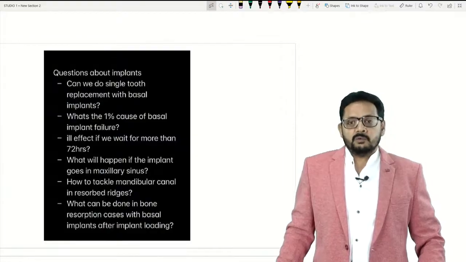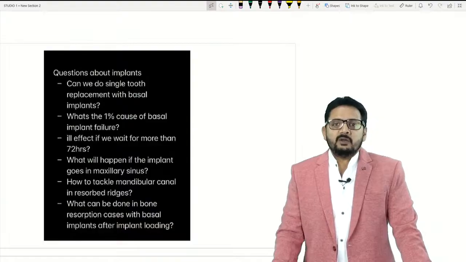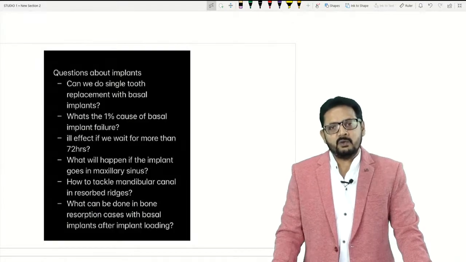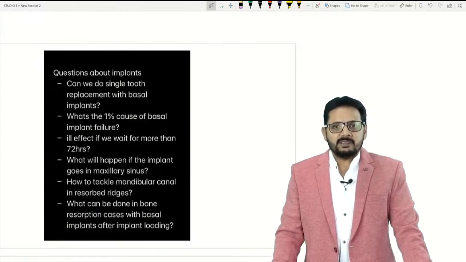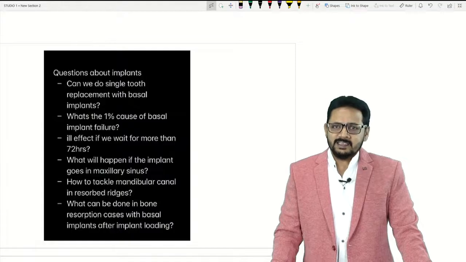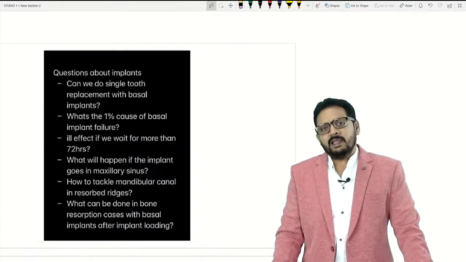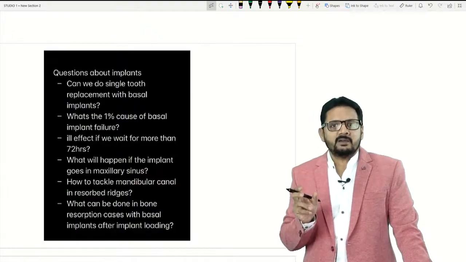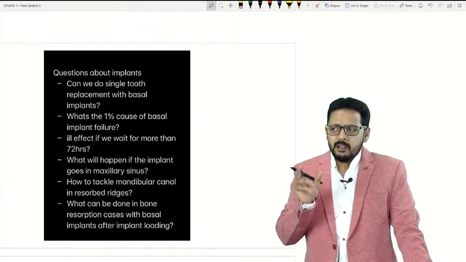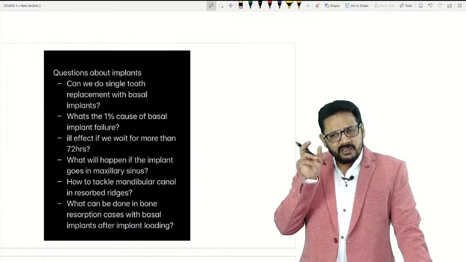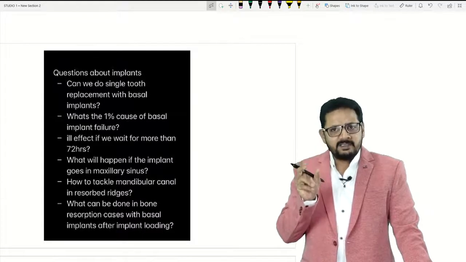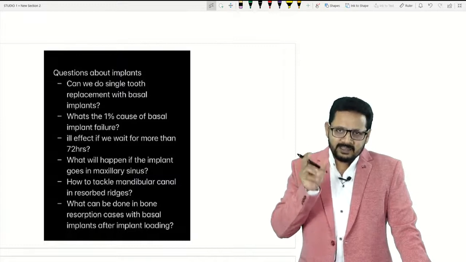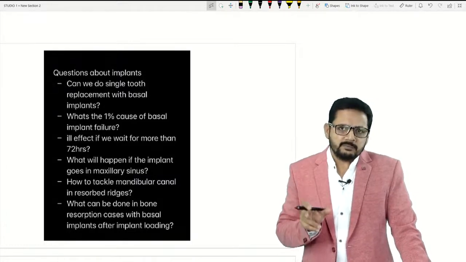As I already told you, within 72 hours it is no more a choice. It is mandatory that you load it with either a temporary prosthesis or a permanent prosthesis. The reason is that you want to take advantage of the osteoblastic activity that happens in the cortical bone. When we are using single piece implants or bicortical or basal implants, we are placing the active threads into the cortical bone.